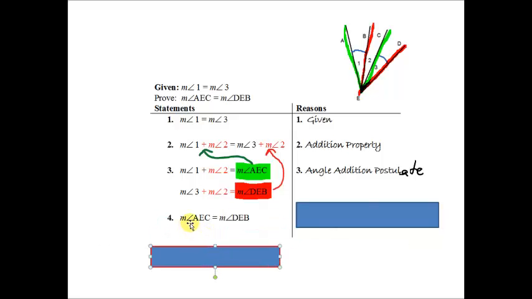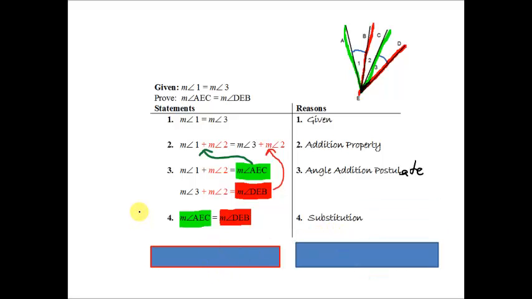And we get angle AEC is congruent to angle DEB, which is what we were trying to prove. What allows us to put these angles in the spots of angle 1, 2, and 3? That's our substitution property. So we've just proved the conclusion, and Euclid would say QED.